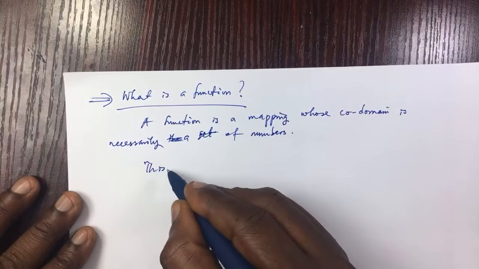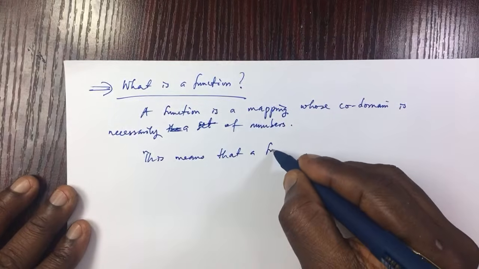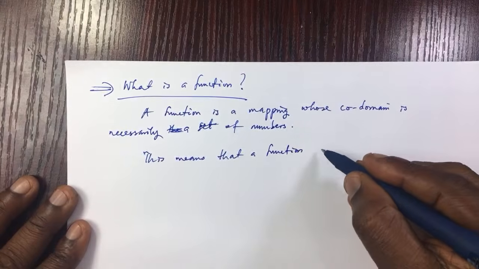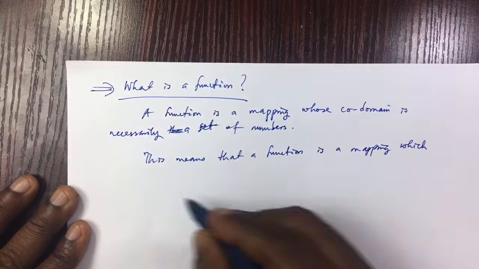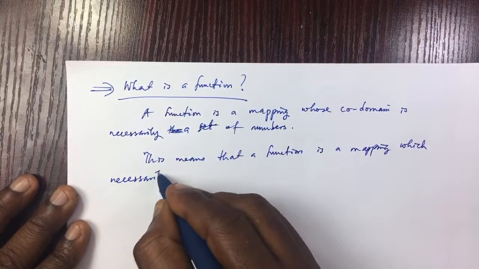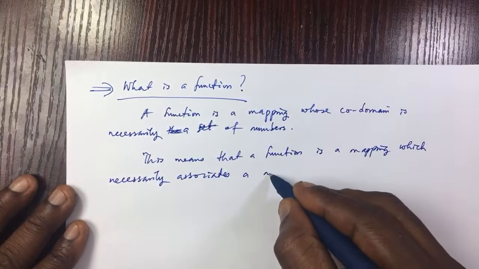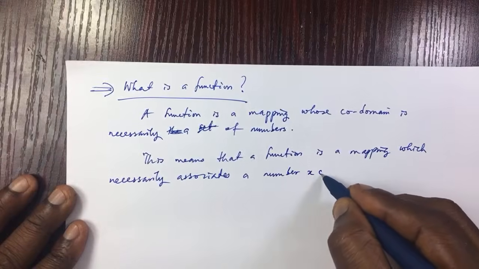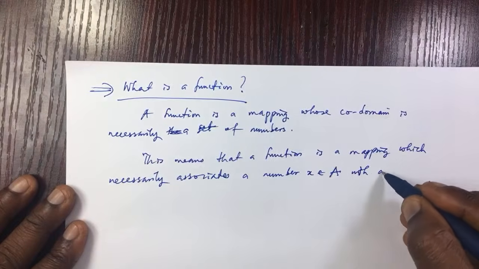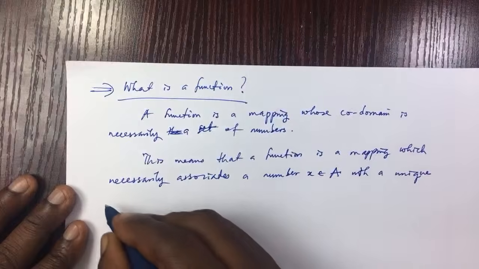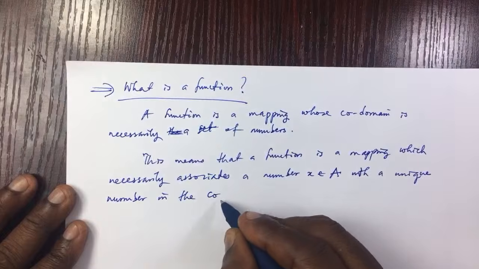This means, if you go further to explaining this definition, that a function is a mapping which necessarily associates a number x in the domain with a unique number in the codomain.